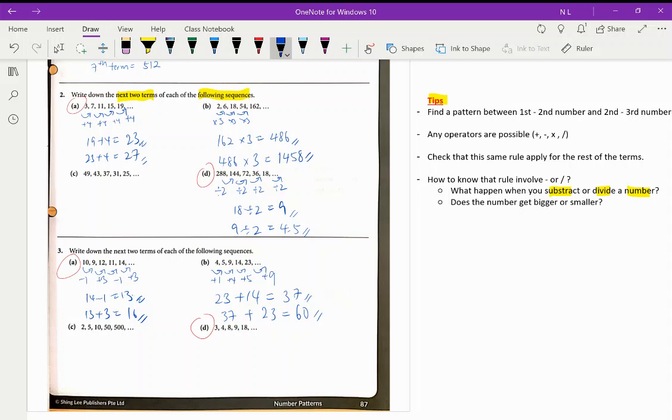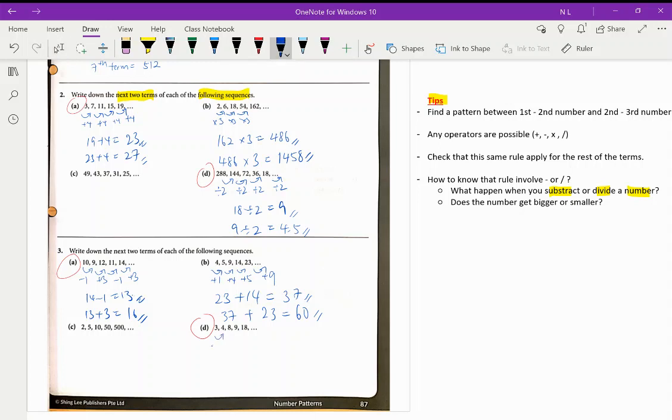So let's look at part D. Let's check. Okay, the first thing I notice is that all the numbers are increasing. So that means my number pattern will not involve minus or divide. So that's the first thing to check: whether they are increasing or decreasing, or is there a mixture?